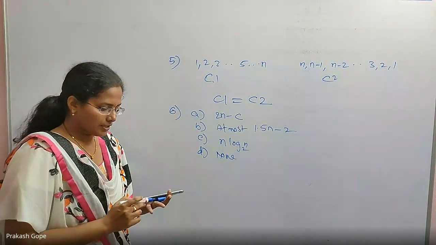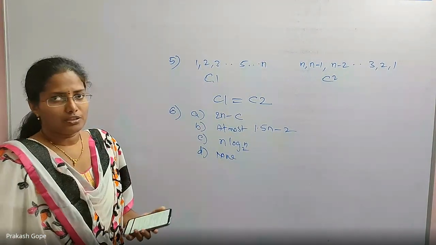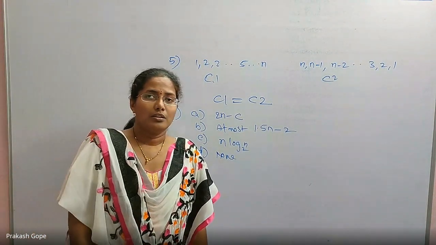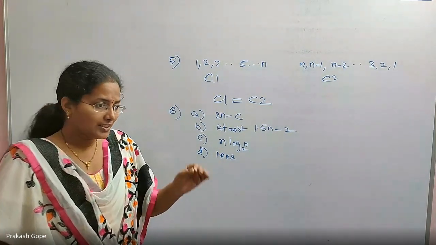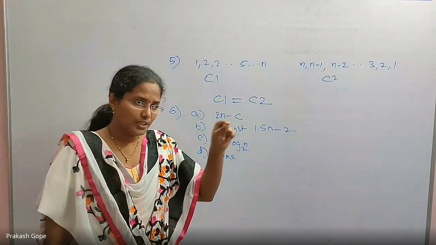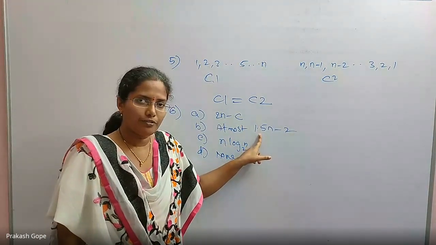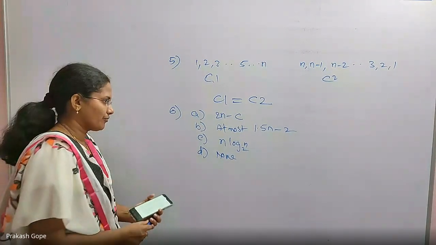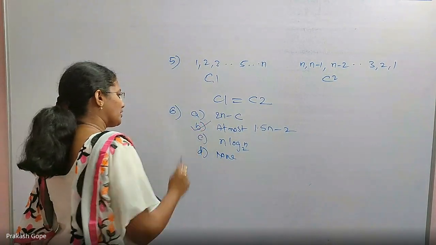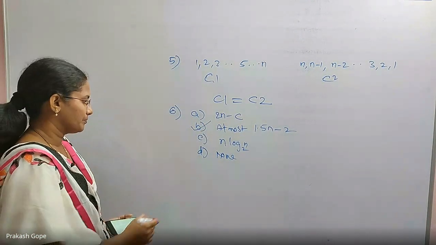To find max and min of an array, the number of comparisons is 3n by 2 minus 2. That 3 by 2 can be written as 1.5. So 1.5n minus 2 comparisons are enough to find max and min of an array.